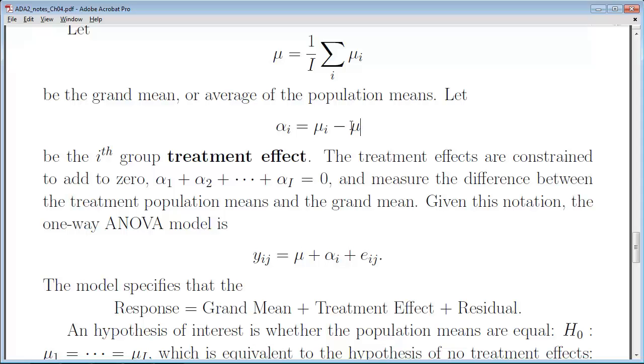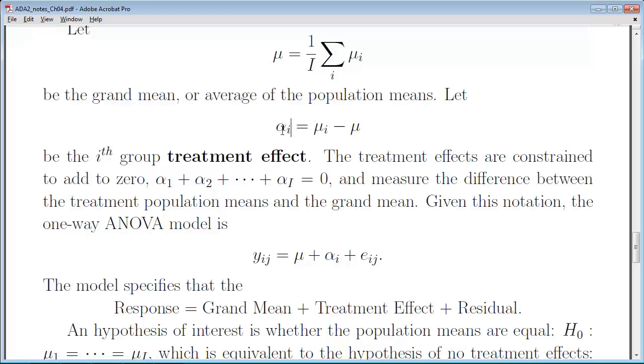So for an average, in quotes, insecticide, an average beetle will survive mu length of time. But if you have a specific insecticide i, then they'll survive either longer, in which case mu i would be greater than mu, so the alpha would be positive, or shorter, and alpha would be negative.